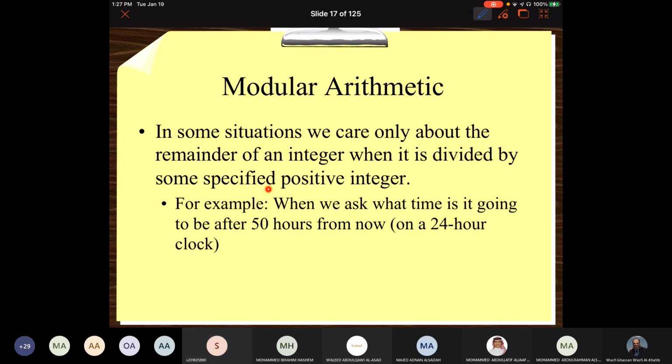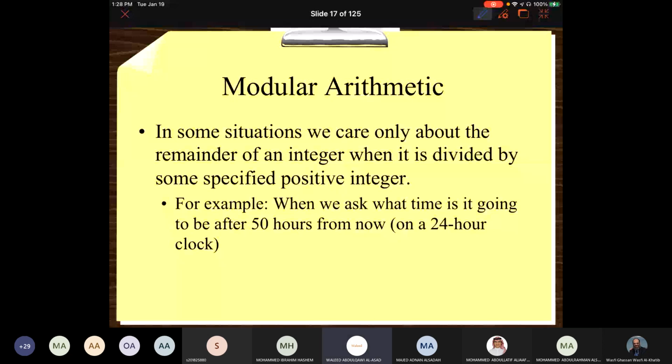طيب. Okay, now in some situations we care only about the remainder of an integer when it is divided by some specified positive integer. For example, when we ask what time is it going to be after 50 hours from now, what will the answer be? Right now it is 1 p.m., صح? Or it is 13 on a 24-hour clock. Currently it is 13, صح? طيب, after 50 hours, how can I do it? The cycle is 24.